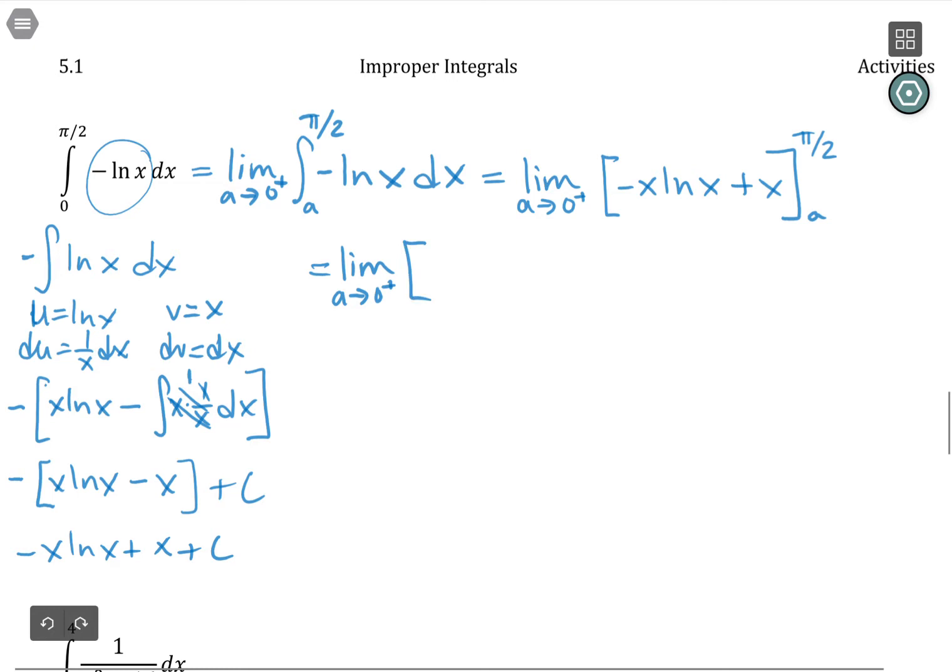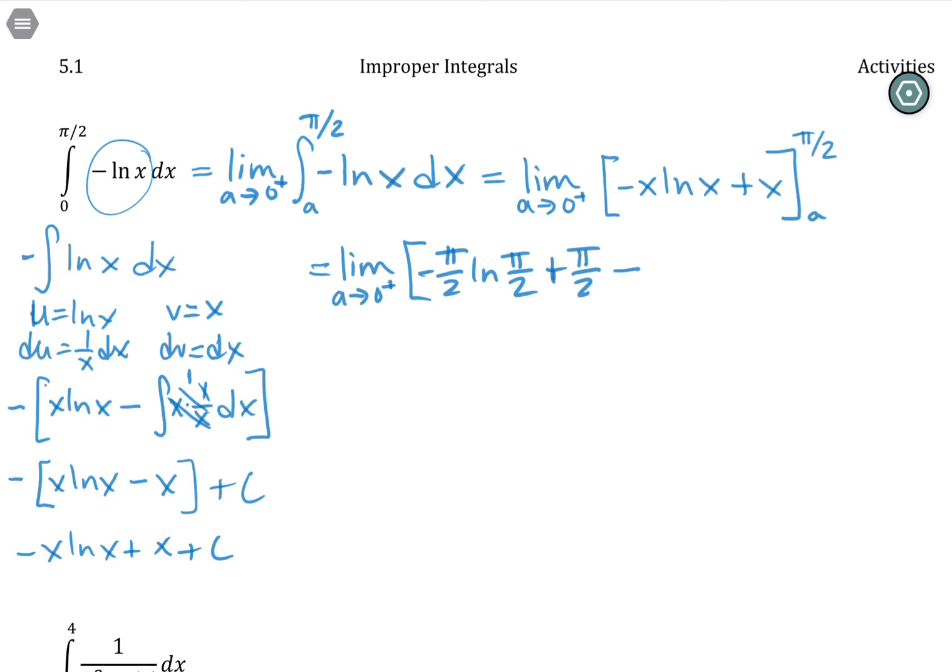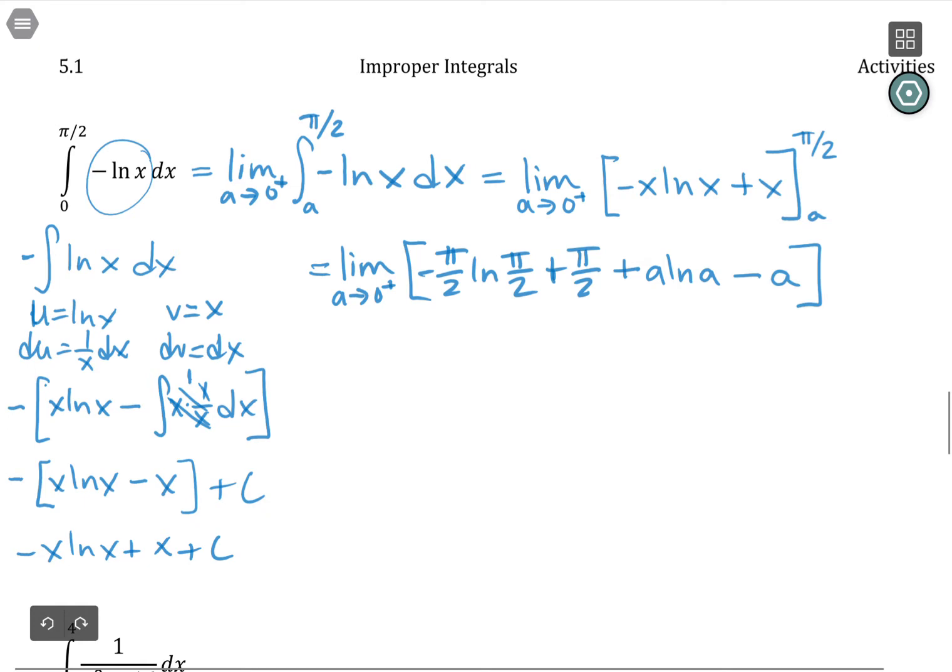Okay, so pi over 2, negative pi over 2 times the natural log of pi over 2 plus pi over 2, minus negative a ln a, so that's going to be plus a ln a minus a. Make sure that minus distributes through.